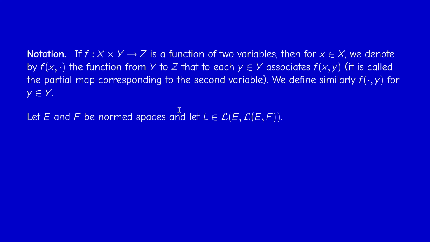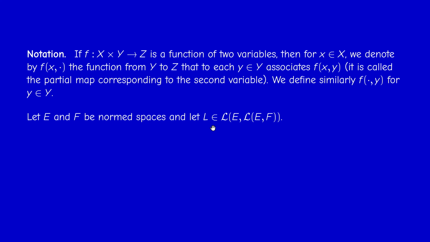Okay, and now here's the problem. Suppose that I have two normed spaces E and F, and I have a linear bounded map L from E into the space of linear bounded maps from E to F. So for each x in E, L of x is not an element of F, but it's itself another linear bounded map.